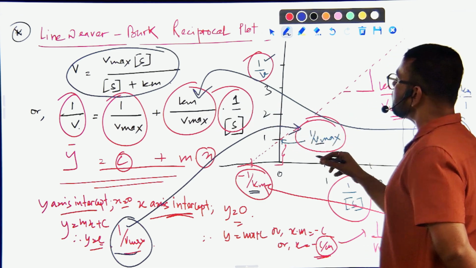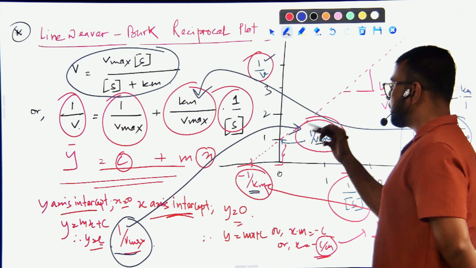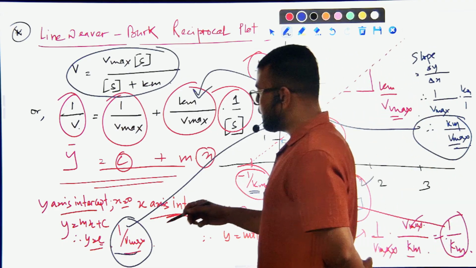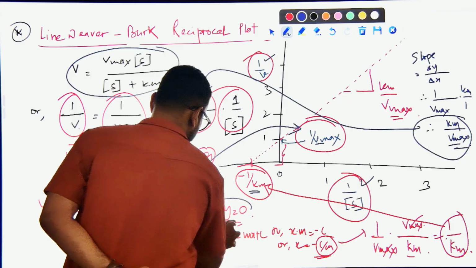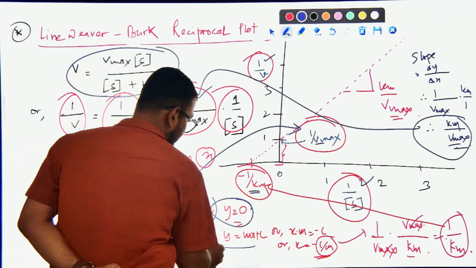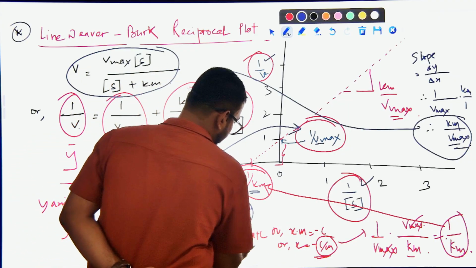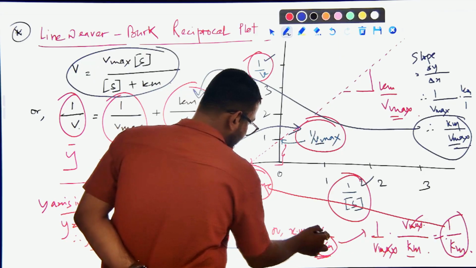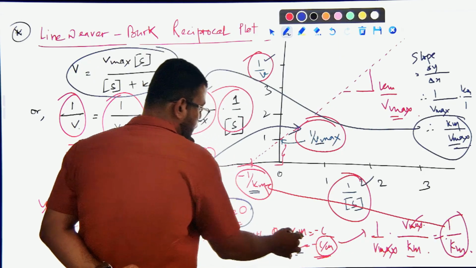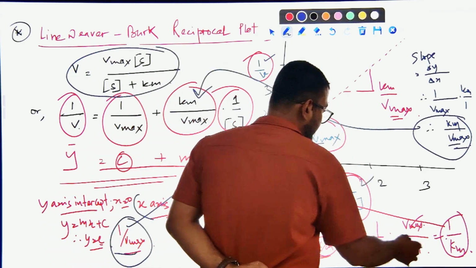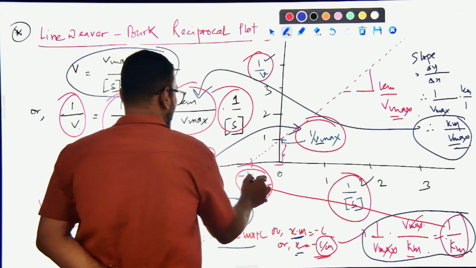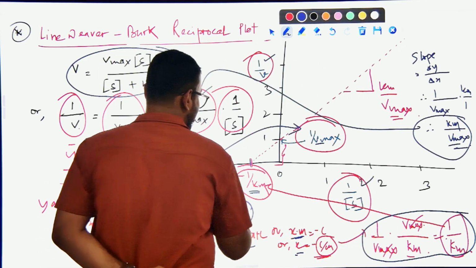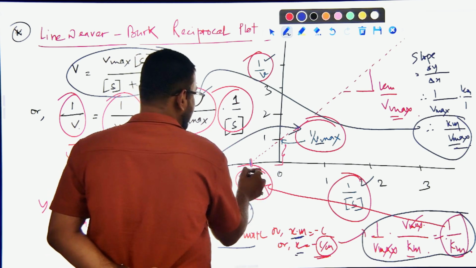How have we determined the x-axis intercept and y-axis intercept? For the x-axis intercept, y should be 0. Then mx equals minus c, so x equals minus c by m, and finally we get 1 by Km. So 1 by Km is the x-axis intercept, on the negative side.